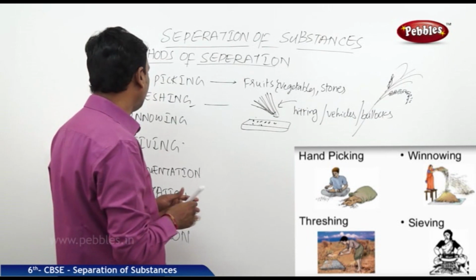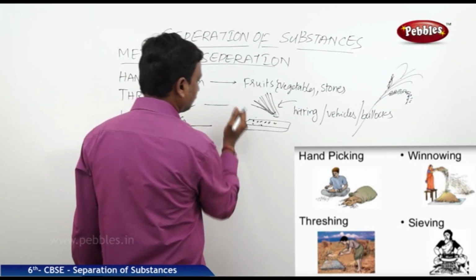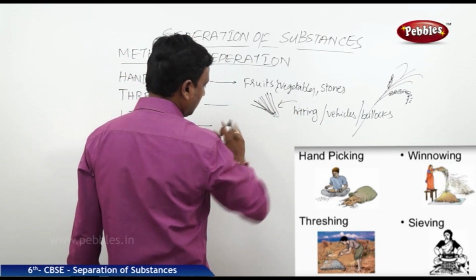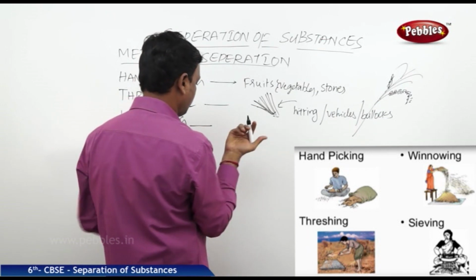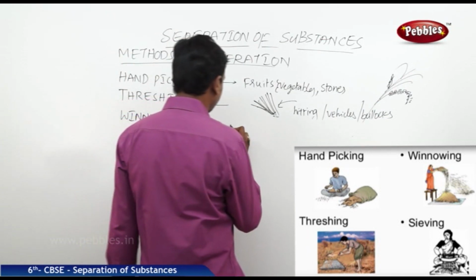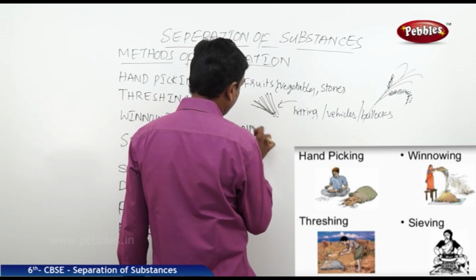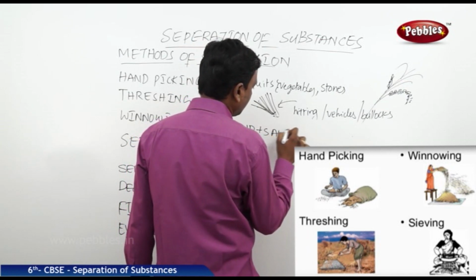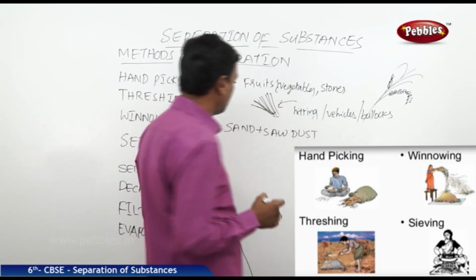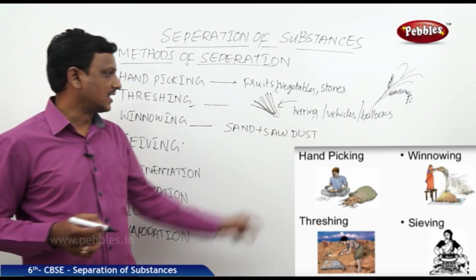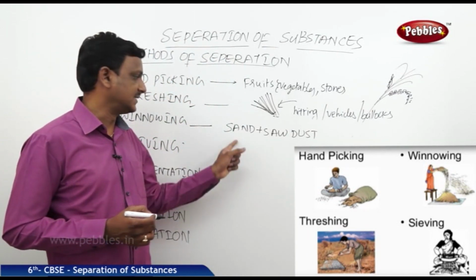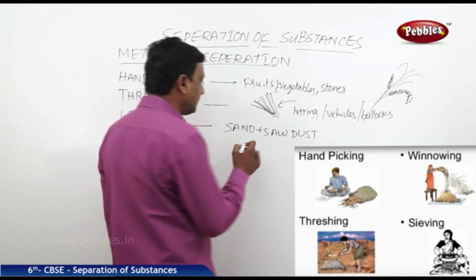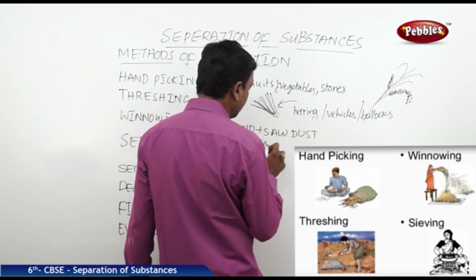Let us take an example for winnowing: sand plus dry sawdust. You see that sawdust is light, sand is heavy. You are mixing some dried leaves also.